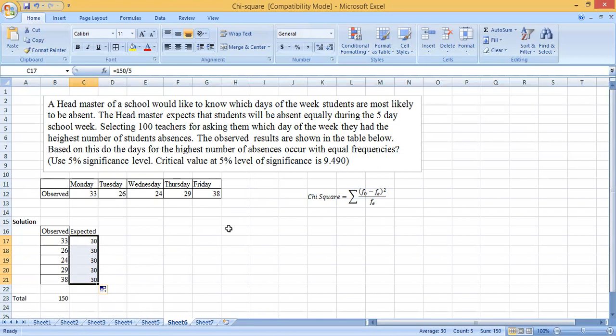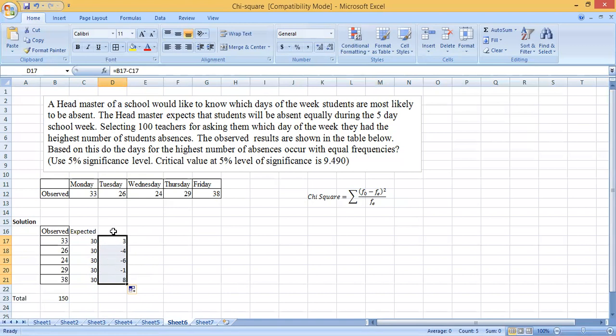And now we have to calculate the difference, observed frequency minus expected frequency, and drag it, we'll get these numbers. This is the difference between the observed frequency and the expected frequency.